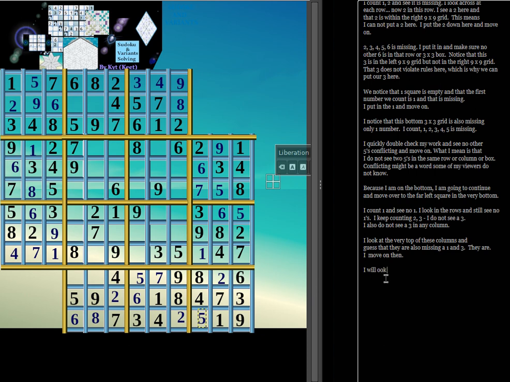I will look at the fourth row. I count 1, 2, missing 3, missing 4, missing 5.